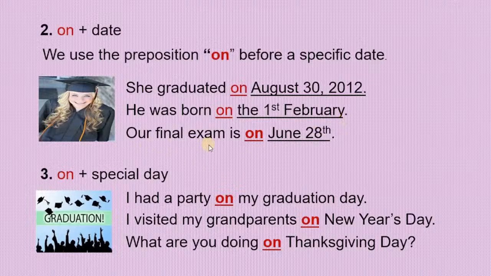Our final exam is on June 28th. Alright? So, for the complete date, we speak of the date, the number of the month here. On June 28th, on the 1st of February, on August 30, 2012. We use the preposition on. Okay?